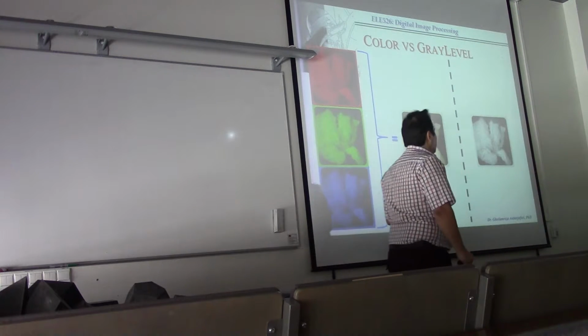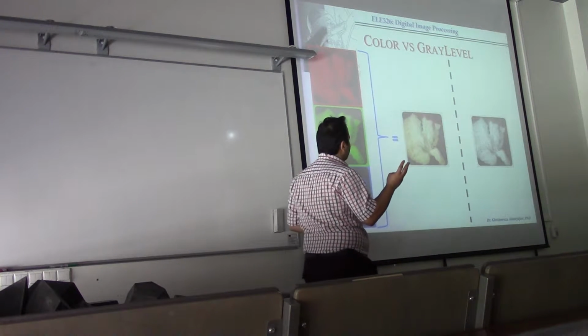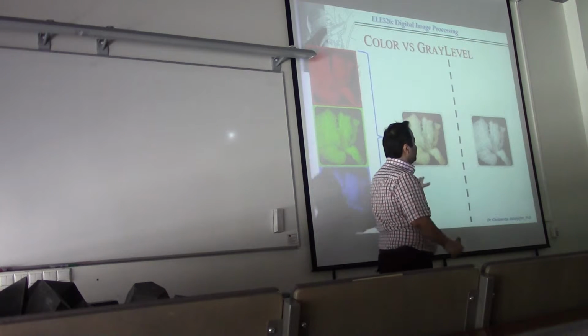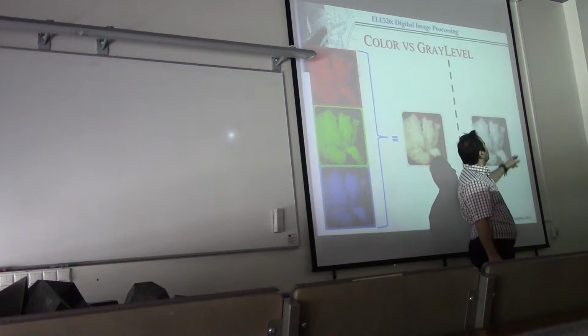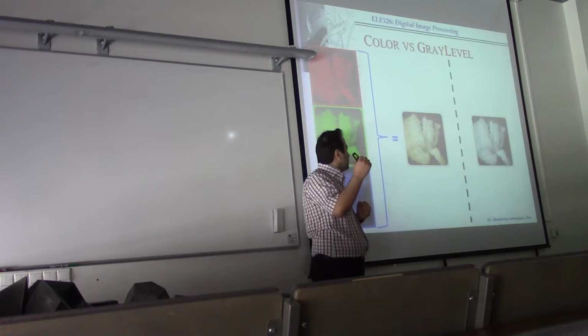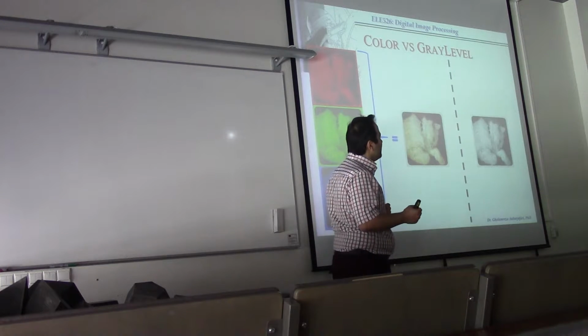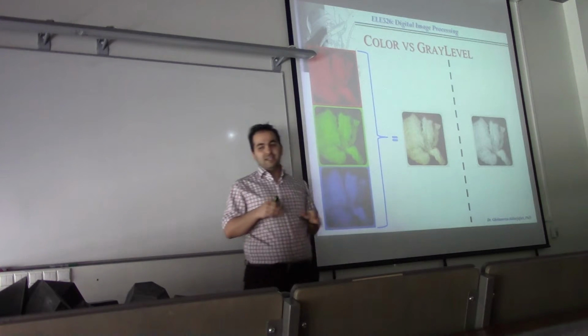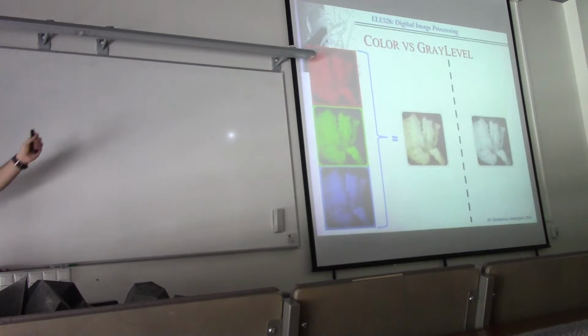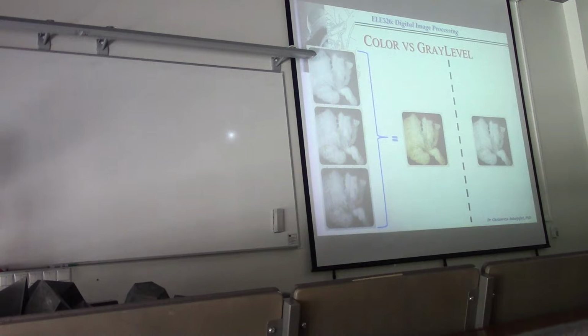It means that instead of the three matrices that we have, for example, red, green, and blue, we just have matrices in two dimensions that are values between 0 to 255, and it's just in the gray level that we talked about this type of image lots of times before.